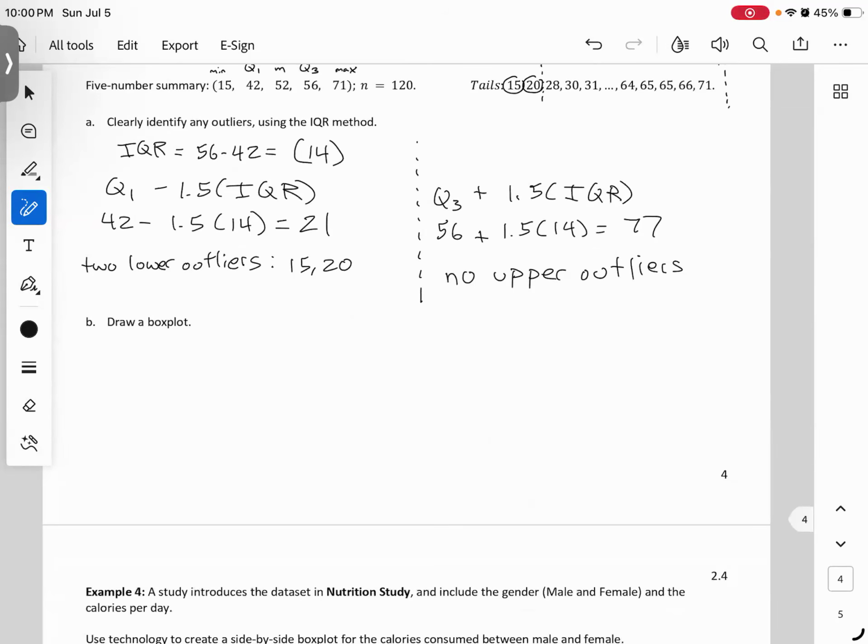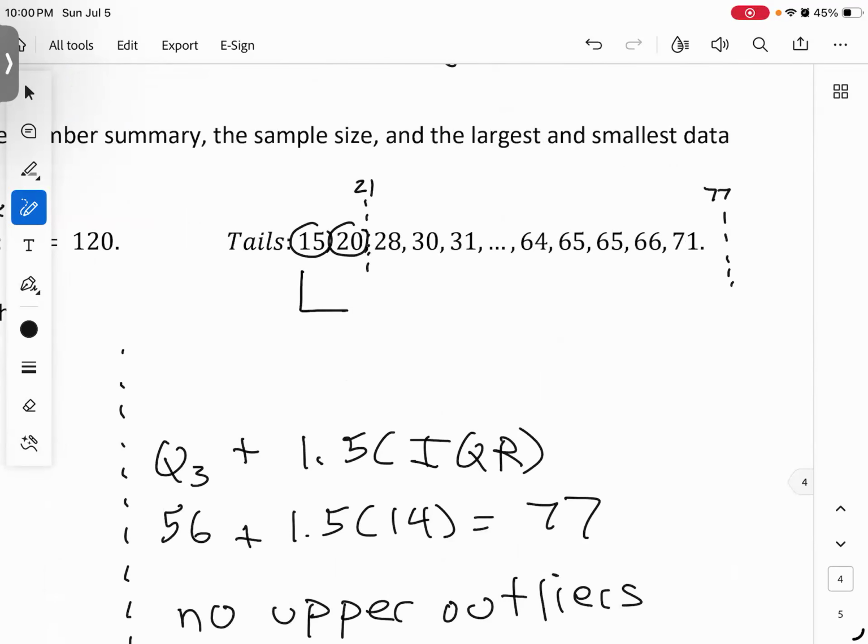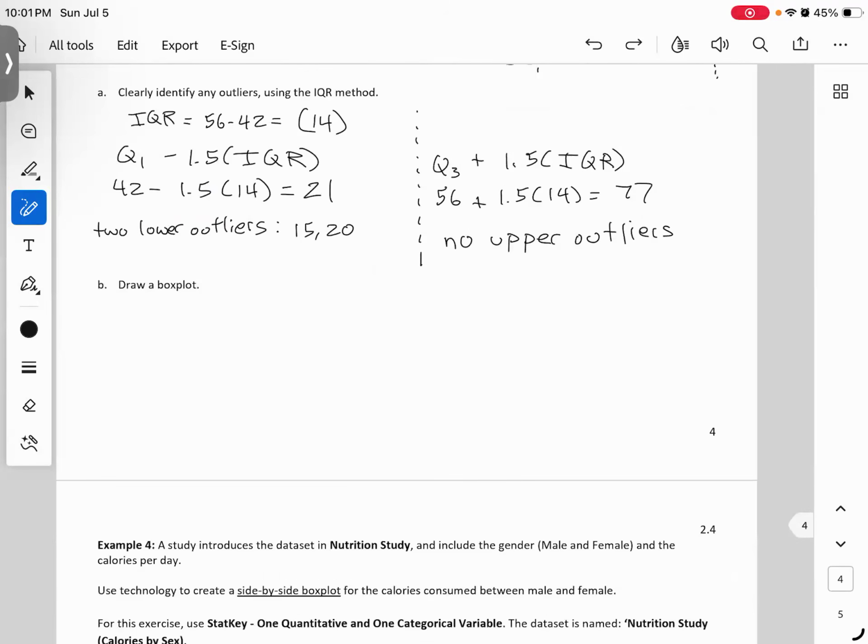And let's draw a box plot. Now, when you do this, you just want to keep in mind how wide you need. You need something that goes all the way from 15 to 71. And so what we can do is, since there's no starting box here, we'll just go from 10, 20, 30, 40, 50, 60, 70, and we'll go 80.